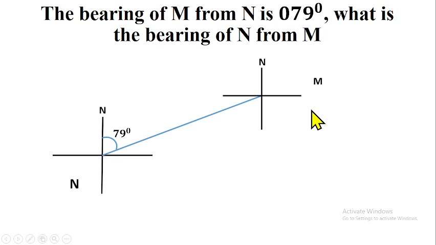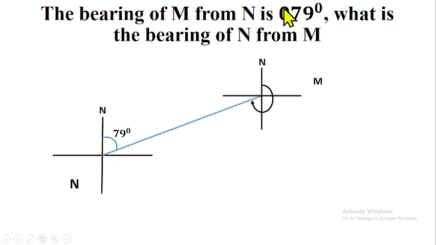Can you see clearly? Our aim now is to find the bearing of N from M. The angle given to us is a 3-digit bearing. So can you tell me the angle we are looking for? We are looking for the angle from the north down to this line here.